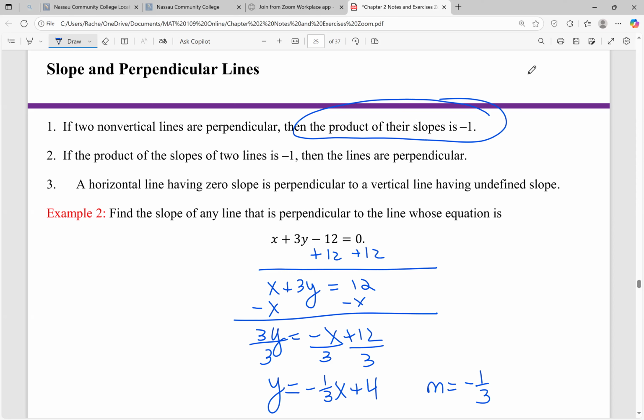So take the negative of -1/3, which is going to be positive. I'm just negating the sign, and then take the reciprocal of 1/3, which is 3/1, or 3. So the slope of any line that's perpendicular to the line whose equation is y equals -1/3 x plus 4 is going to be +3.